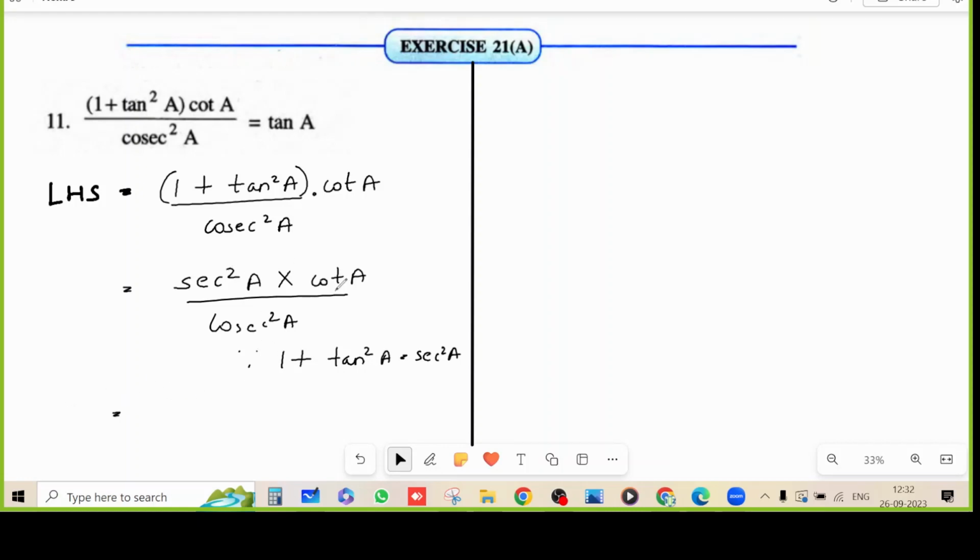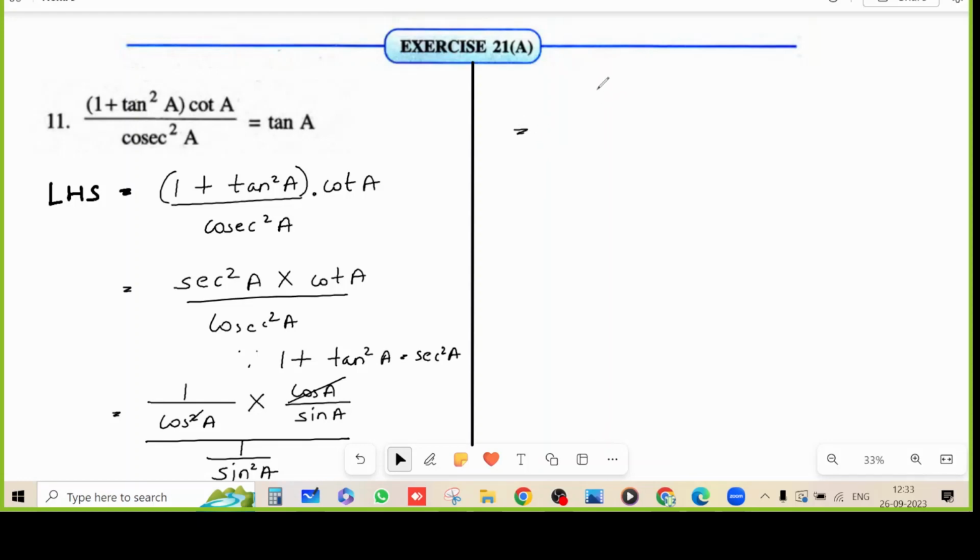Now we will convert all the terms here in the form of sine and cos. So sec square A can be written as 1 upon cos square A. Cot A can be written as cos A upon sine A. And cosec square A can be written as 1 upon sine square A. So here this cos and this cos will get cancelled out.